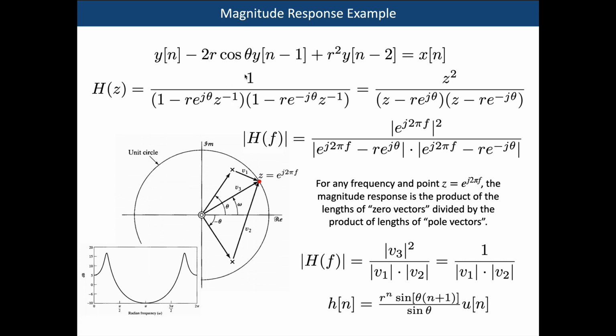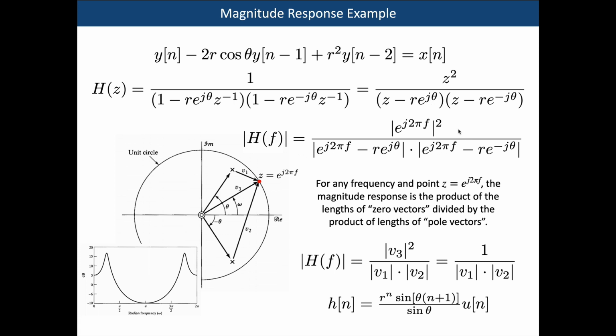If we write down the transfer function and then factor it, we'll get terms that look like this. If we multiply top and bottom by z squared, we can also write the transfer function as you see here. Then, if we evaluate the transfer function on the unit circle, we'll get an expression that looks like this.